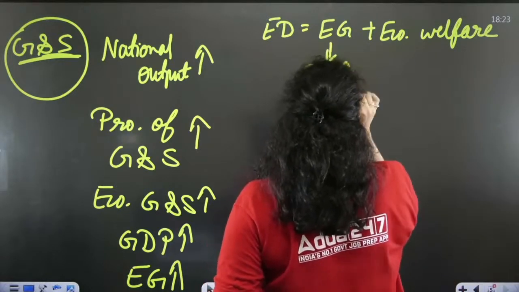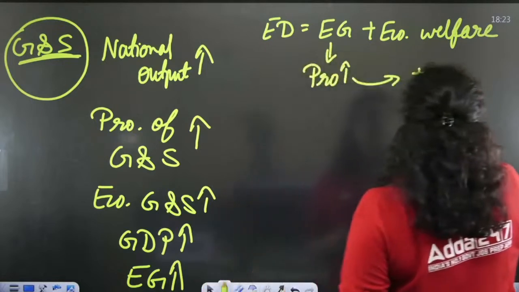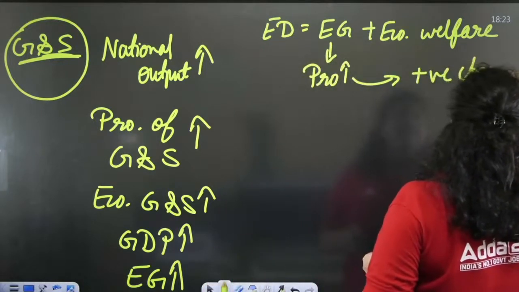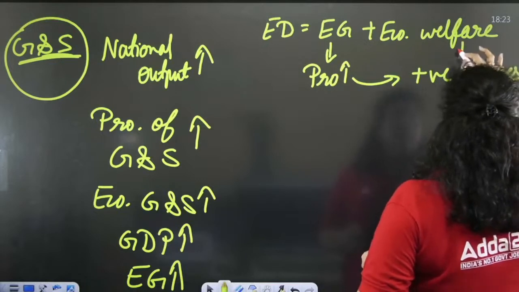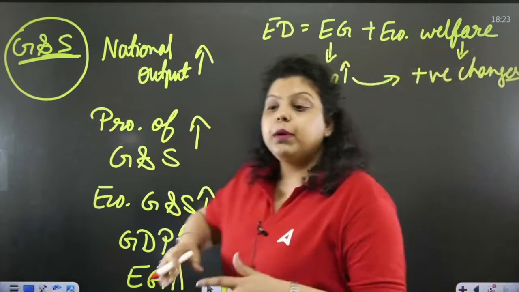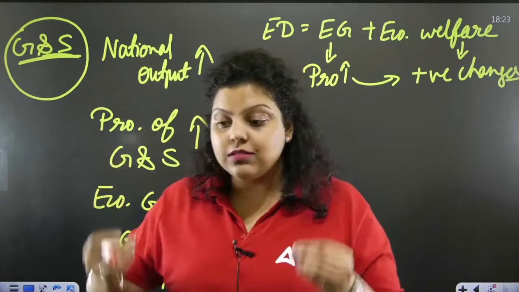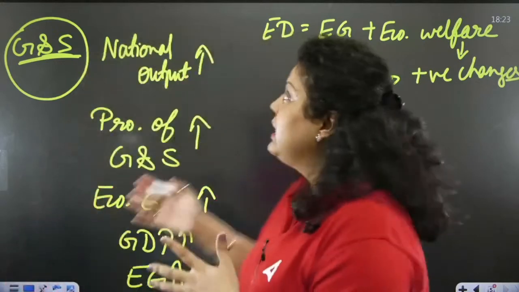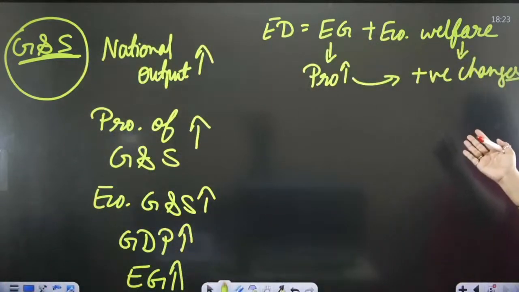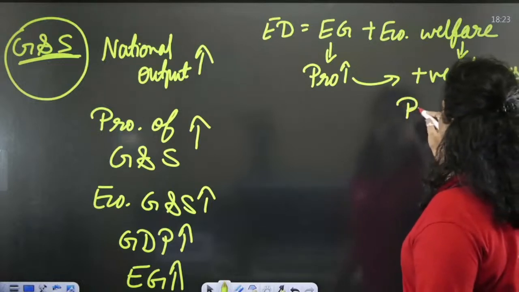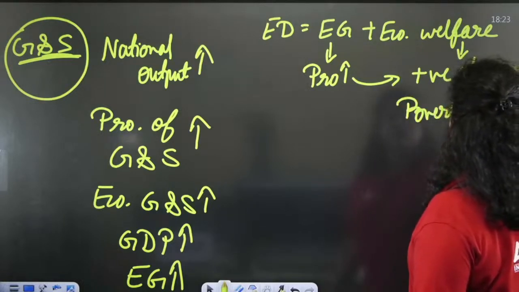Because of this production, if you see certain positive changes in the economy, that will be known as economic welfare. Because your production is increasing, you are able to see positive changes that create welfare for the people. What kind of positive changes? Let's say poverty in the country was reduced.